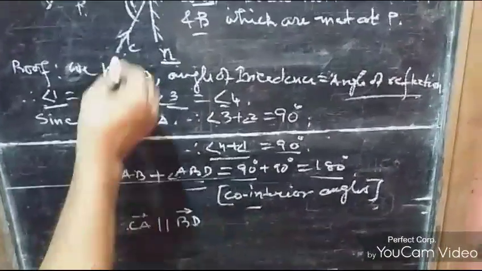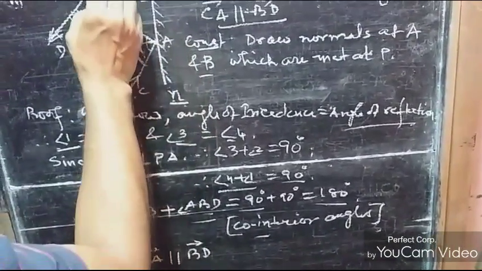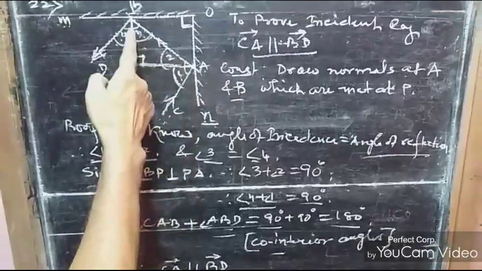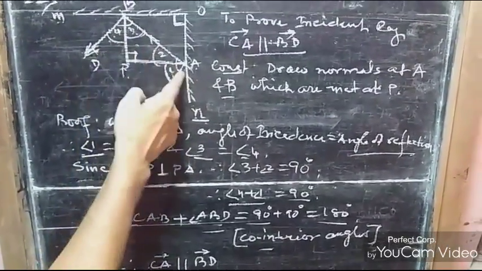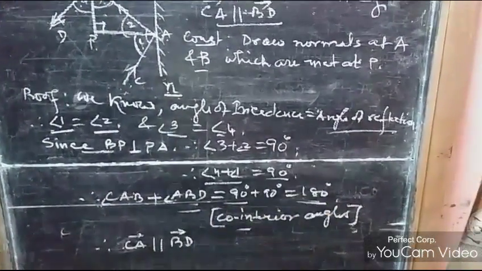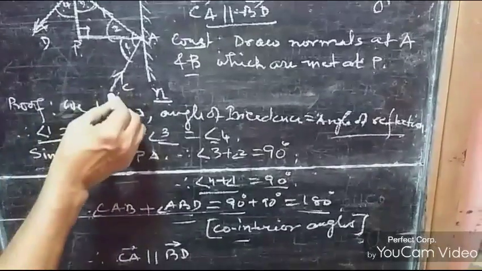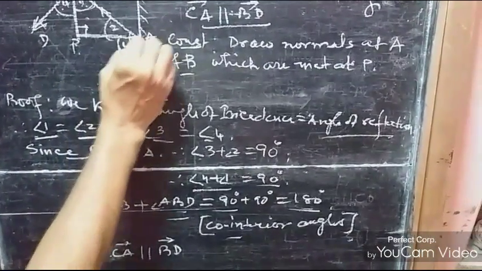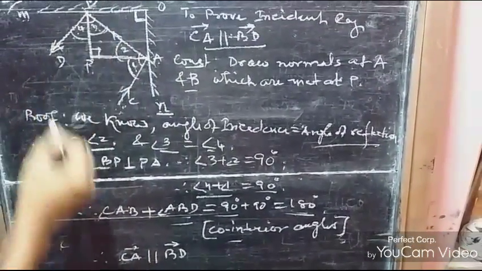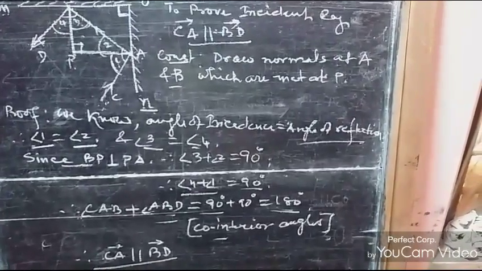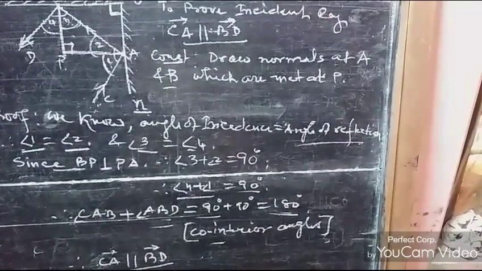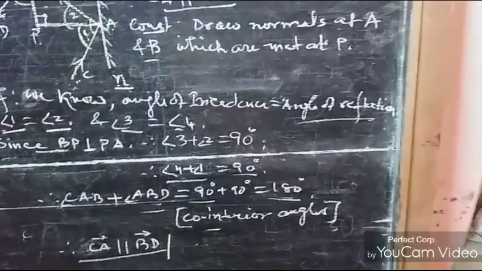What is the conclusion? These angles are co-interior angles, and the sum of co-interior angles equals 180 degrees. For this reason you can say CA is parallel to BD, and this is our required proof.